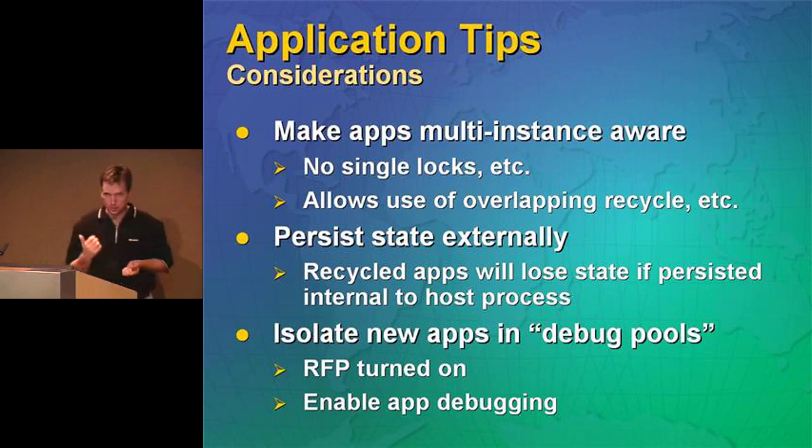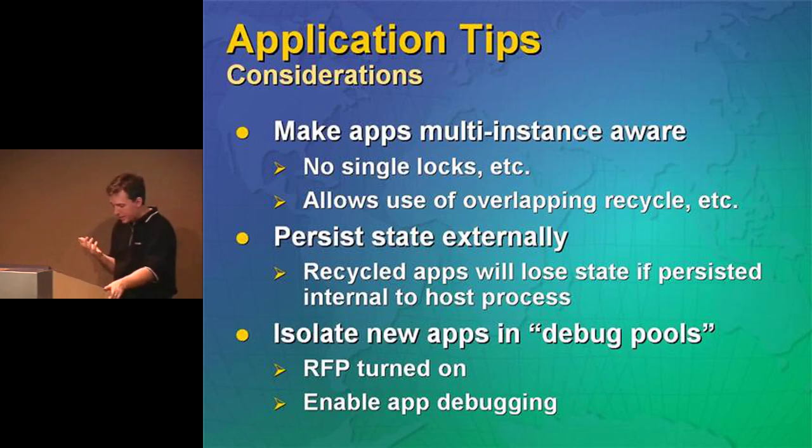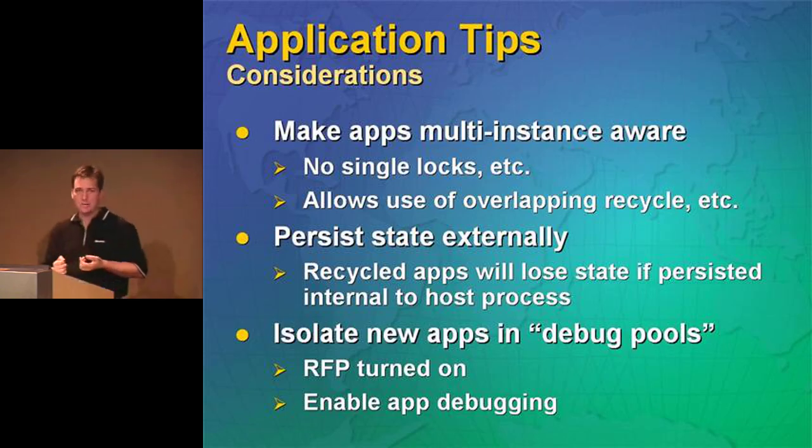So one of the most important things to understand is that there can now be multiple instances of the worker process running your app. I mentioned here no single locks, and what that means is if you're doing something in your application, such as writing to a file, like implementing your own logging in an ASP page and dumping some information to a text file, and that is not transactional or can't be accessed by multiple processes at the same time, you could potentially run into problems.